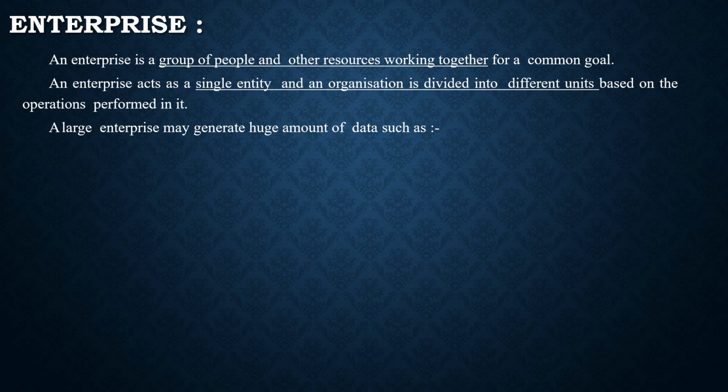So this is the main difference between an enterprise and an organization. An enterprise always acts as a single entity, and an organization is always divided into different units, based on the operations performed in it.